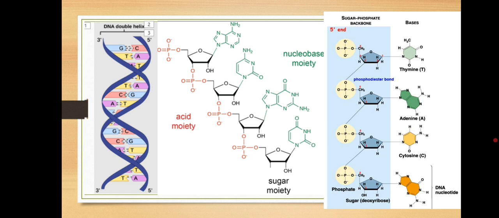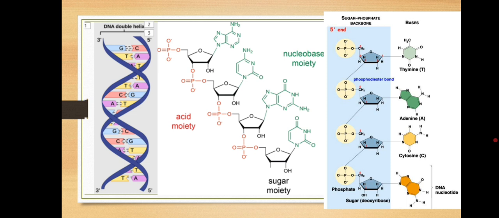Look closely at the sugar moiety, the 5-member sugar molecule. One phosphate group, two phosphate groups linked, PO4, double phosphate group linked. So phosphodiester: one phosphoester, another phosphoester, phosphodiester. So from where did ester come into the picture?